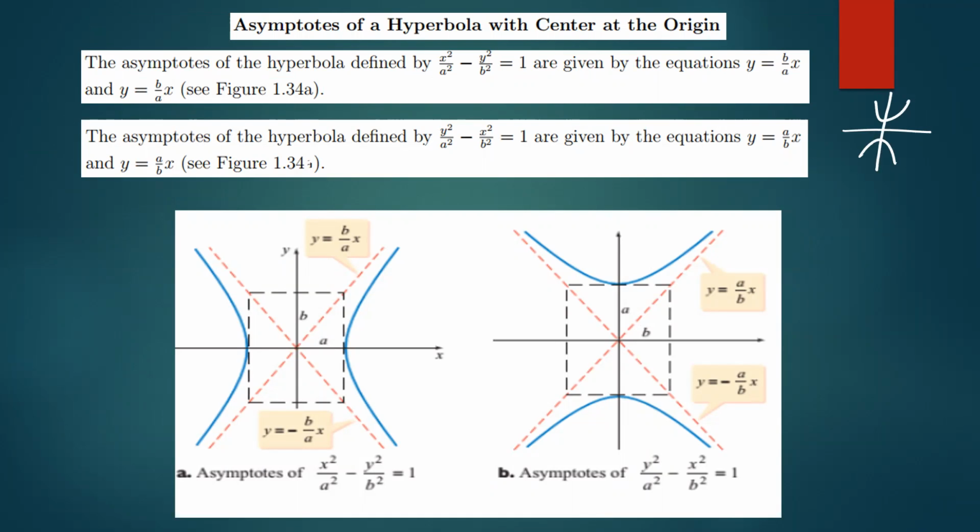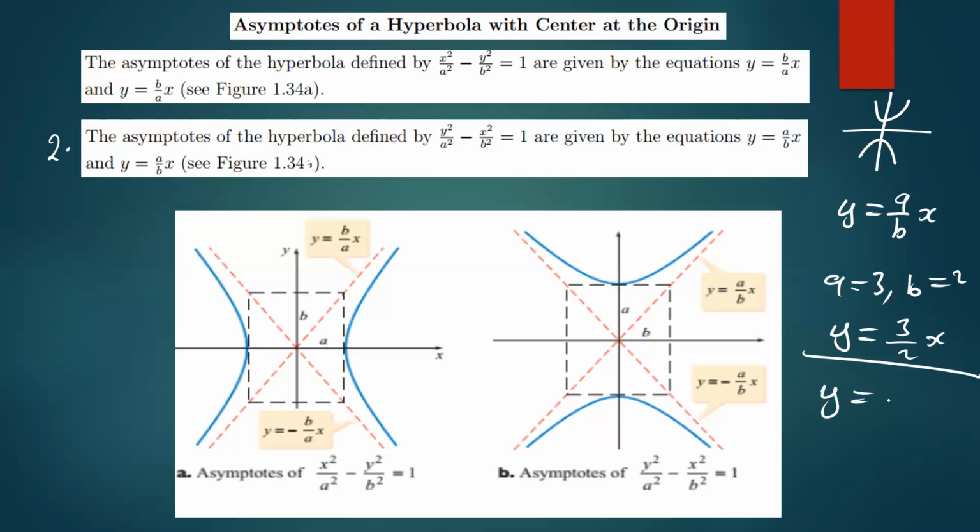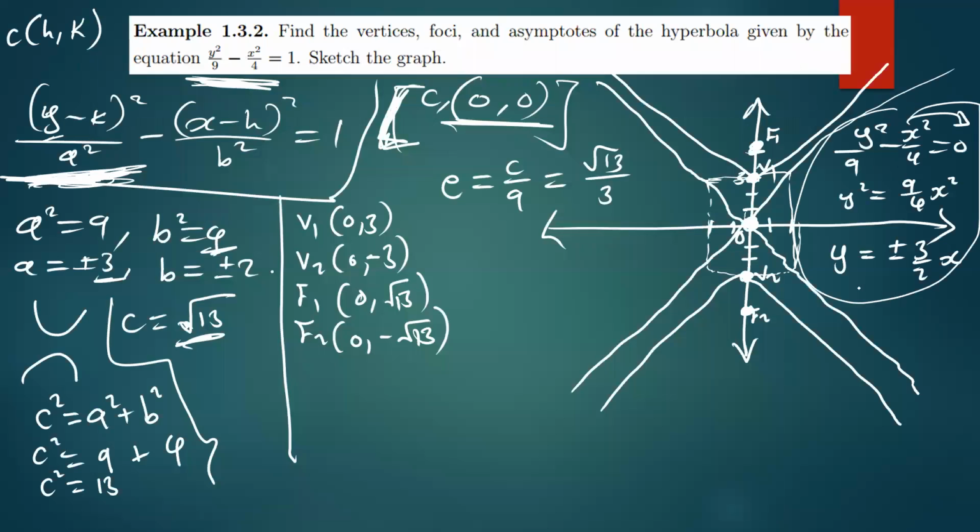For this one, you use point number 2 here, meaning the first equation would be y is equal to a over b x. What was my a in the previous question? My a was equal to 3 and my b was equal to 2. So you simply say y is equal to 3 over 2 x. Then to find the other equation, you say y is equal to -3 over 2 x. That's if you don't want to go through this process of deriving, so that's the simplest way to find the equations.